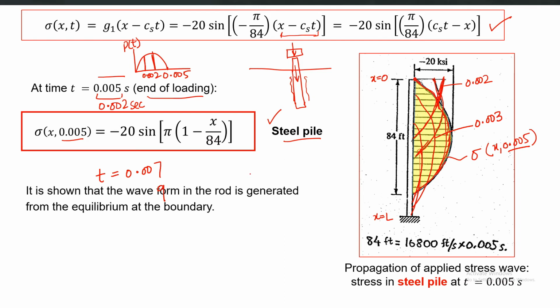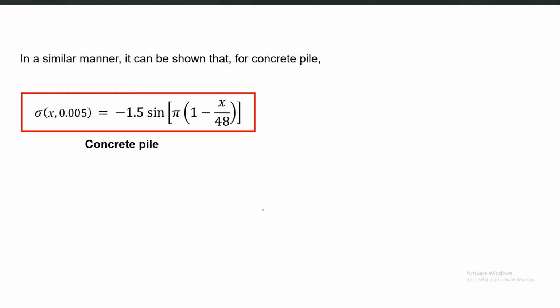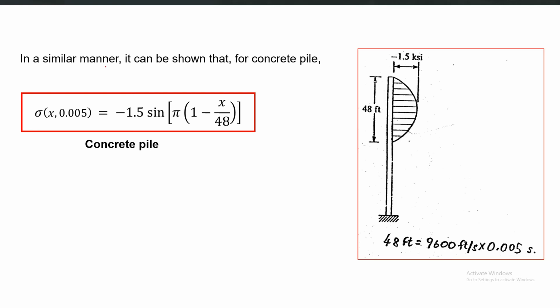So it is shown that the waveform in the rod is generated from the equilibrium at the boundary. Similarly, it can be shown for a concrete pile: you can put the C value for concrete and plot this stress. You will see that if you plot it at t equal to 0.005, right at the end of the applied loading, you will get this sinusoidal shape of the stress.